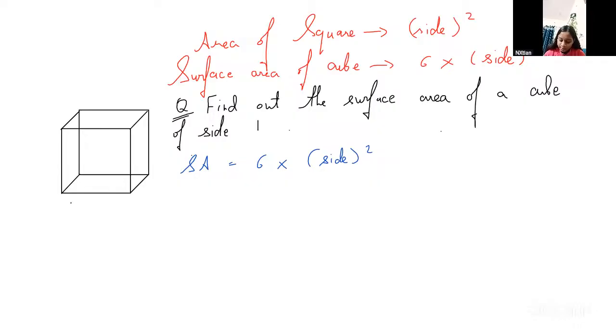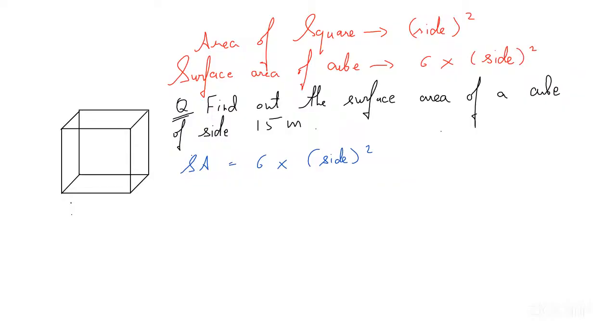A cube of side 15 meter. Find out, Joshua. 15 meter is the side of the cube. Find the surface area using this formula. Emma, hope you are doing it too. Turn on your video. Yes, ma'am.